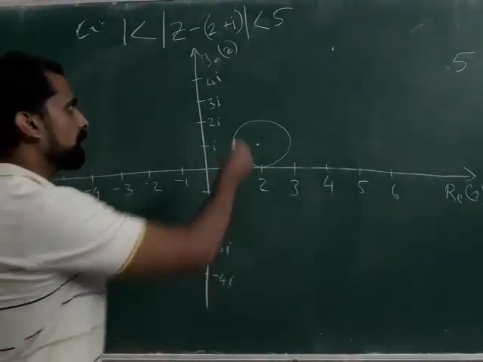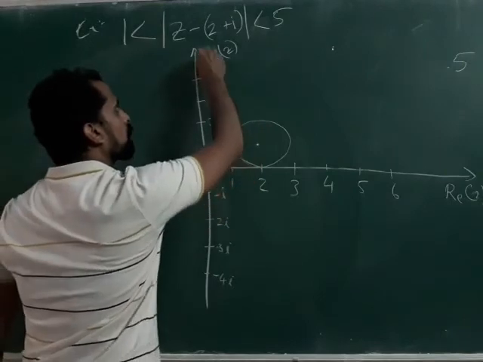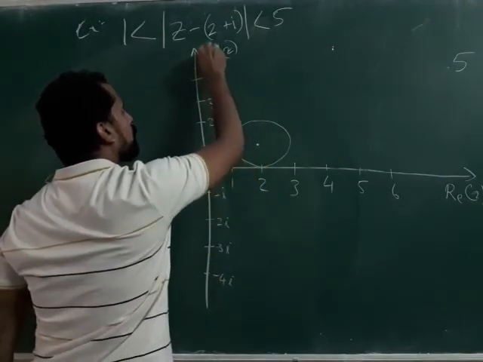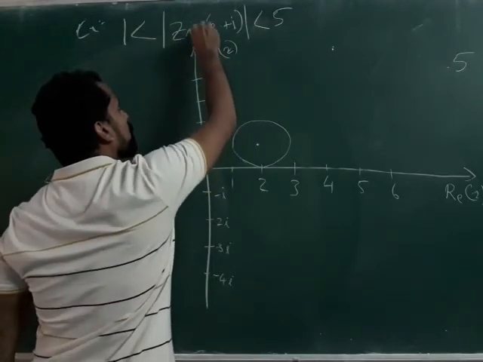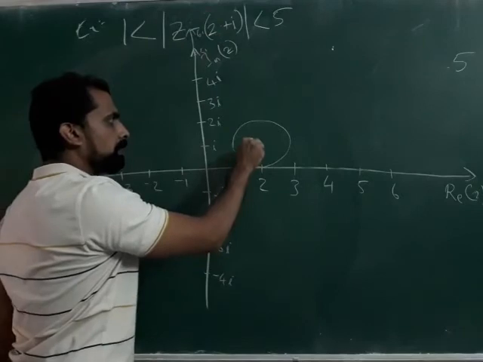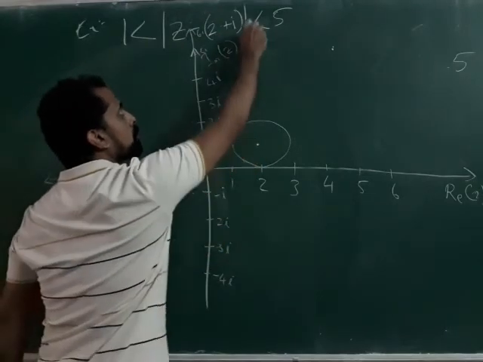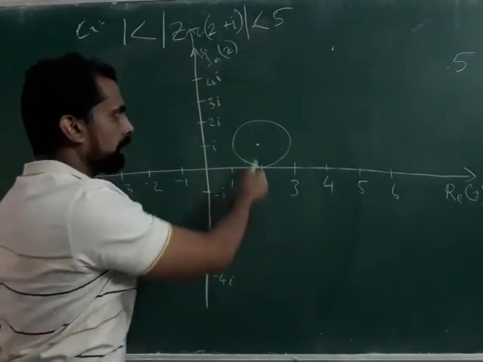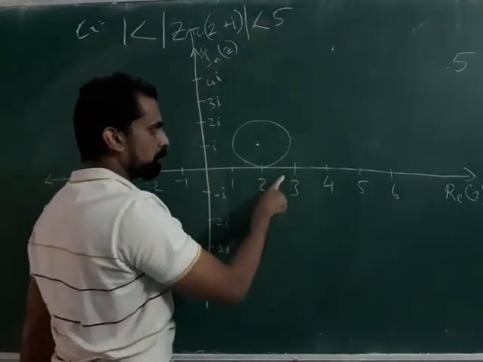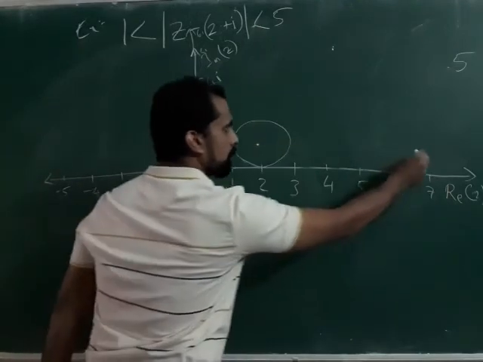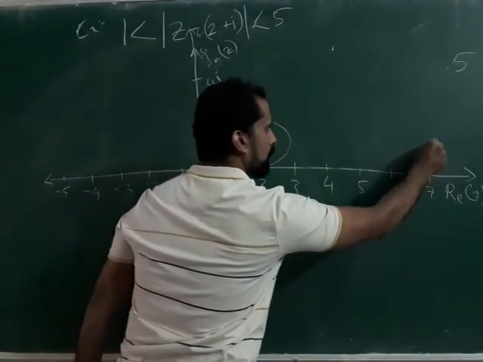So this will be, from here 4I, 5I, again you go up, this will be 6I, because you are drawing from I, so I to 5 units, it will come around 6I, and from here another 5 units it will come up to 7, so this will be somewhere here.